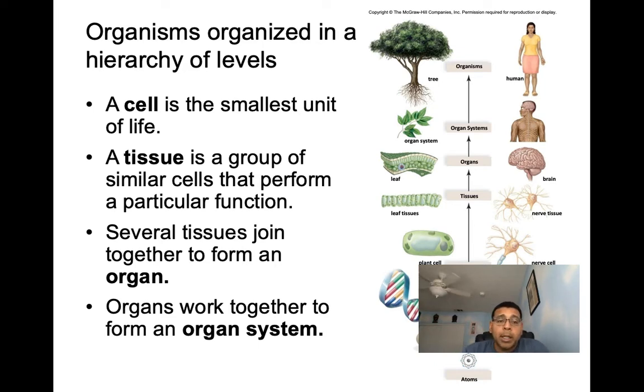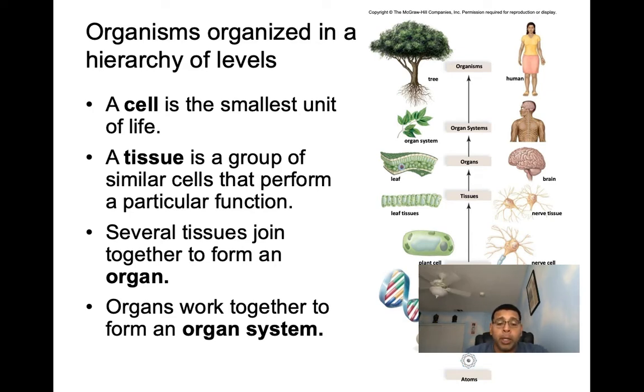Atoms are going to join together, and here we can see how atoms come together and form molecules, like DNA molecules, protein molecules, water molecules, right? Then these molecules eventually come together and give rise to cells. Cells, again, are the smallest units of life.